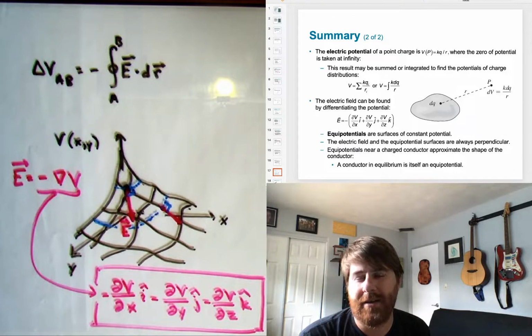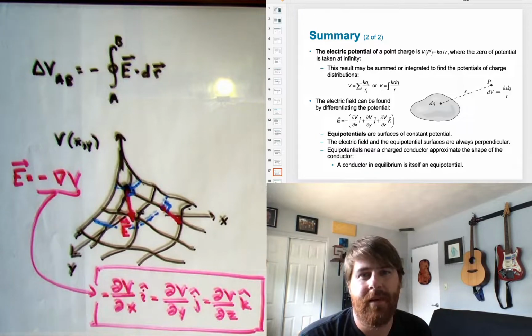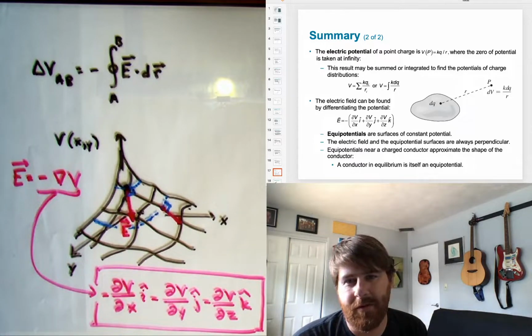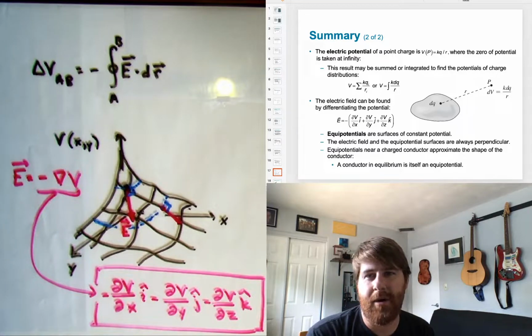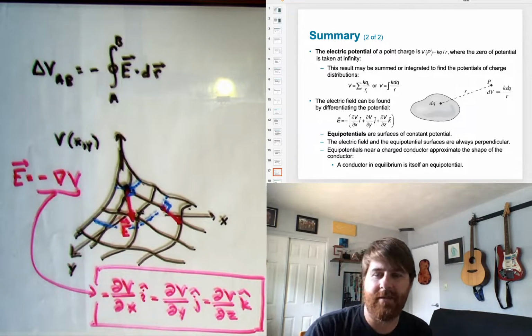We do that by integration of a scalar quantity, k dq over r. And we can find the electric field if we know the potential function just by taking the partial derivatives times the unit vectors in those directions.